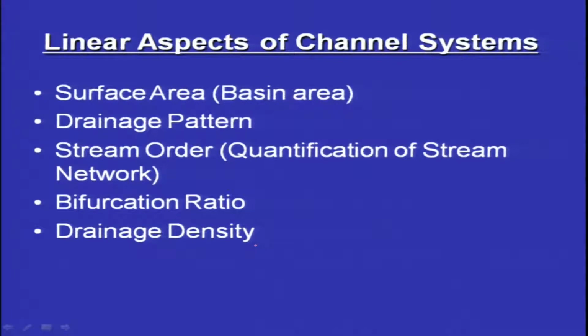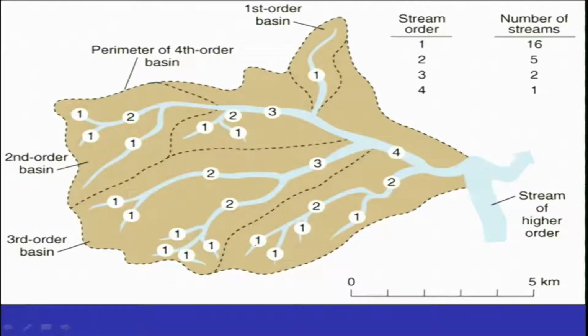Okay, the drainage density. So, if you look at any drainage basin, as we have been talking about, each major trunk stream will have its own drainage basin, and of course those smaller drainage basins we can call a sub basin. Okay.